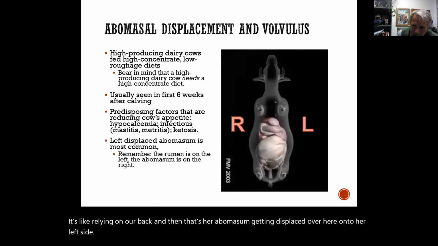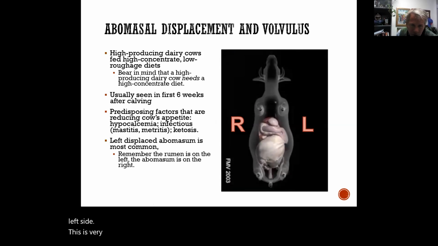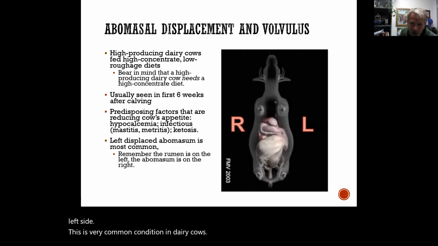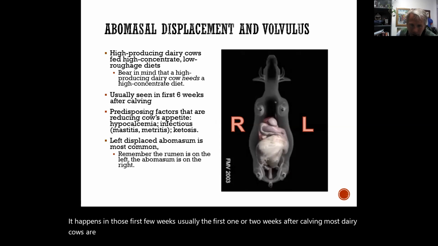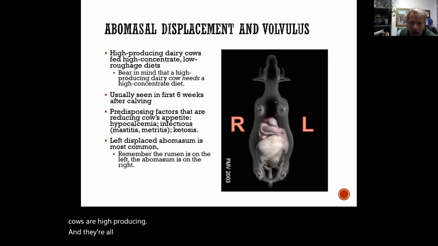This is a very common condition in dairy cows. It happens in those first few weeks, usually the first 1 or 2 weeks after calving. Most dairy cows are high producing, and they're all being fed a high concentrate, low roughage diet because they're making milk.